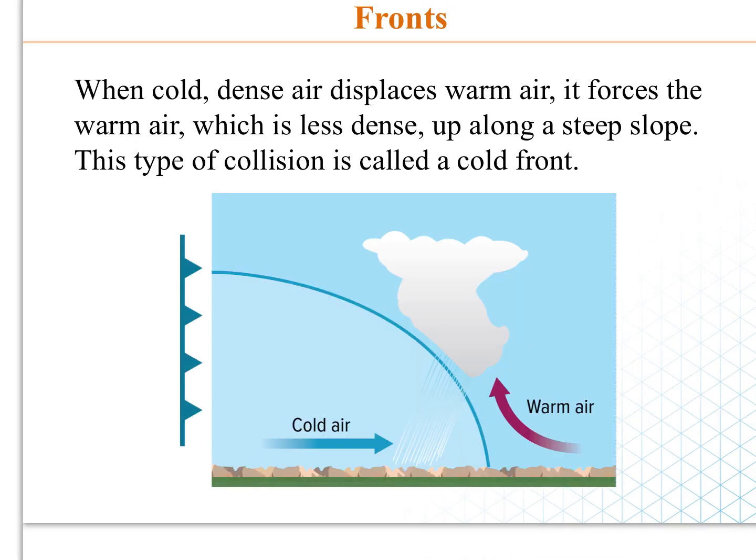So now as you go through what I just described to you, now you see it in a picture. Cold air mass pushing in, warm air mass getting bulldozed up and out of the way, creating that cumulonimbus cloud, and then you get the heavy precipitation.